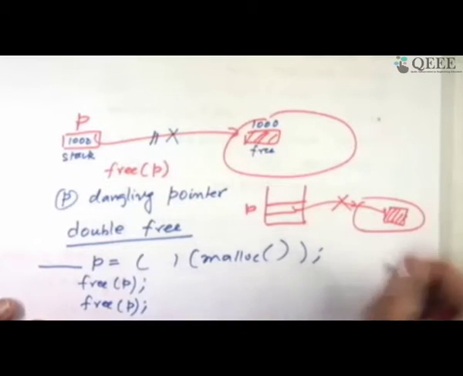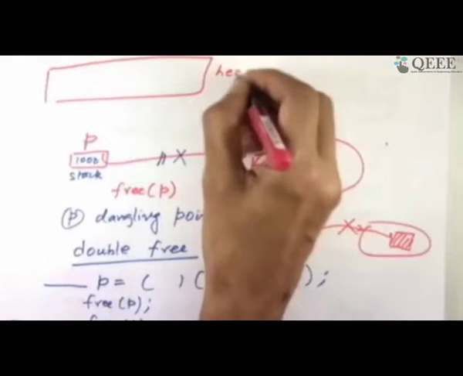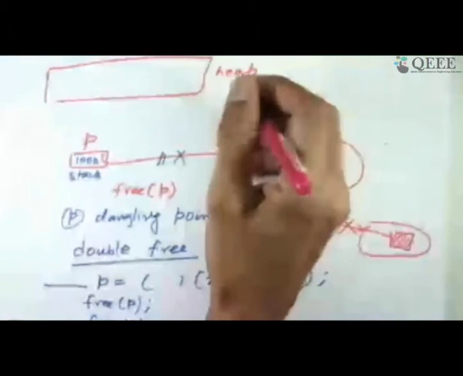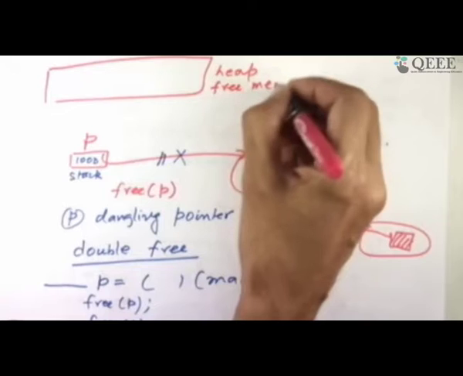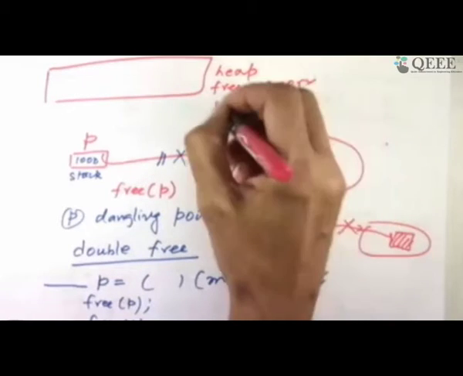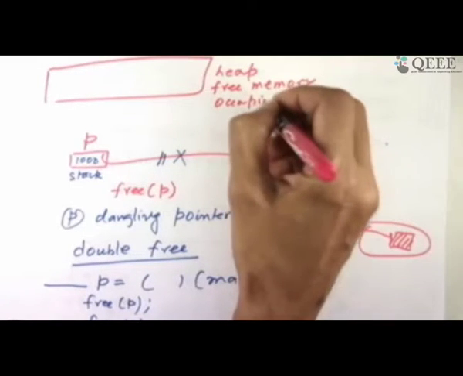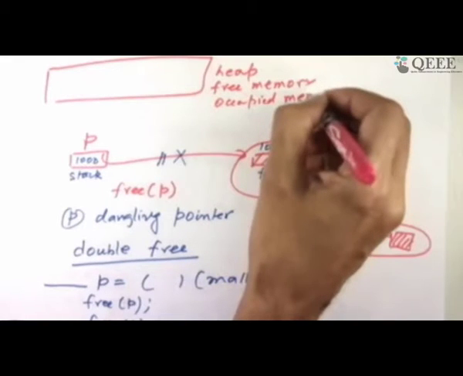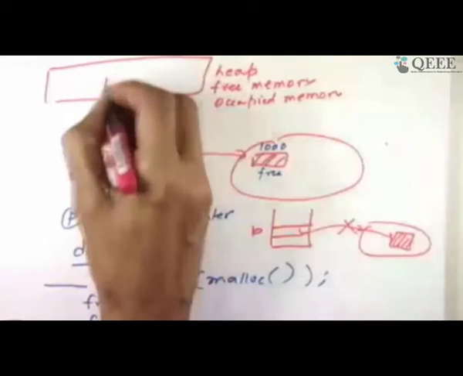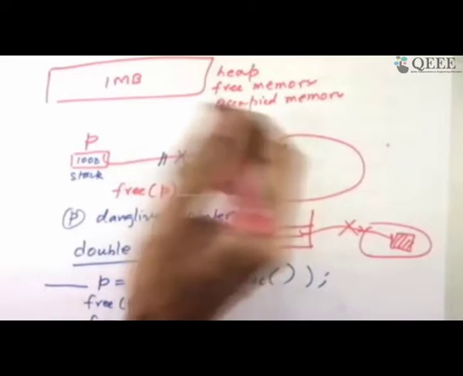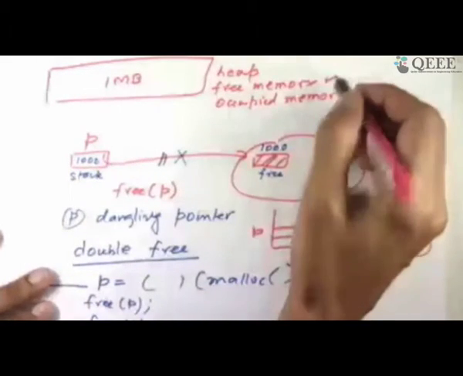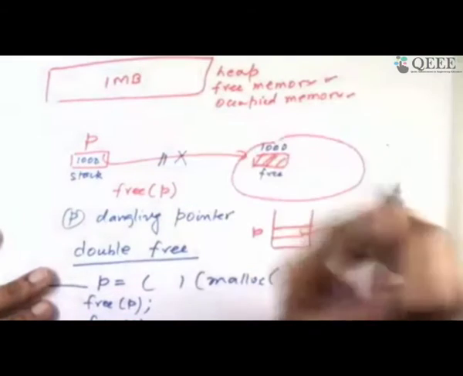What does it mean? If you want to look, you should have a little bit of an idea about the heap. The heap is a big structure, and the manager of the heap has a clear idea about what is free memory and what is occupied memory. So he is dealing with it. If the heap has 1 megabyte of memory and half is full and half is empty, he knows which bytes belong to the free memory and which bytes belong to the occupied memory.